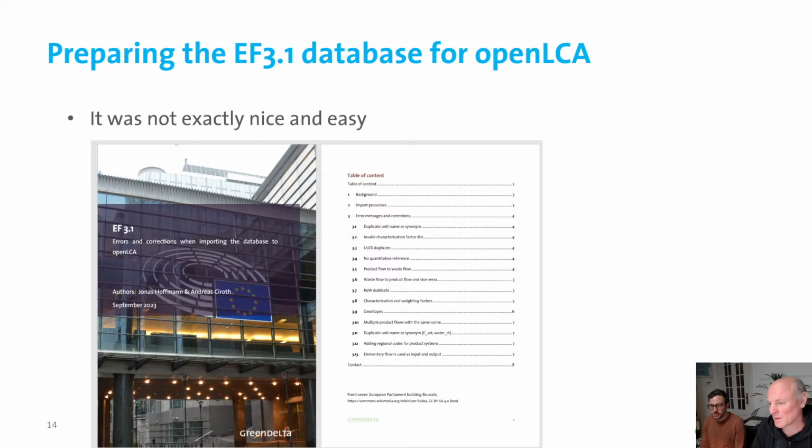And that is really quite some fundamental or basic things. In ILCD, which is the format of the database, every element has a UID number that is supposed to be unique. And it happens that you have different ID numbers for units that have the same name. That is, of course, very confusing and also leads to problems in calculation.